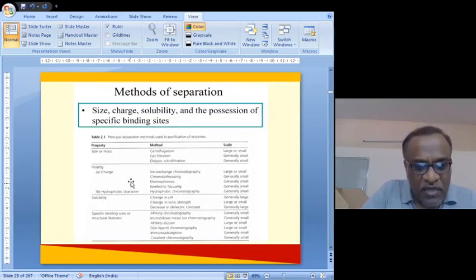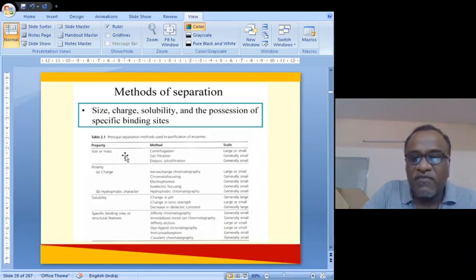Then you can see over here that by using several properties such as size or mass, you have centrifugation, gel filtration, dialysis. Then based on polarity, you have ion exchange chromatography, then chromatofocusing. Then based on hydrophobic character, you have hydrophobic chromatography. Then based on specific binding sites, you have affinity chromatography, affinity elution.